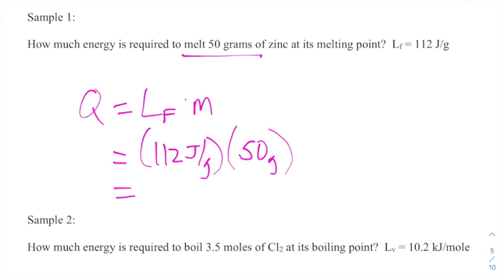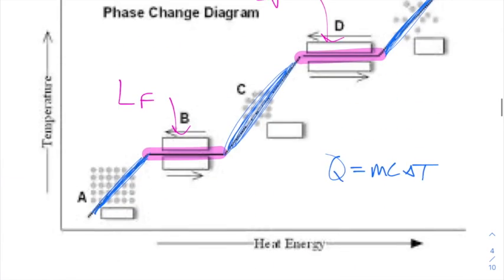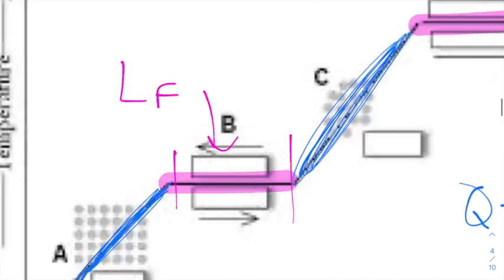So this was a very straightforward problem. 112 times 50 is about 5,600 joules. Very easy. So that pink segment, if I were to do that, would just be this segment right there, the melting segment. That flat segment is all we did: we melted it.